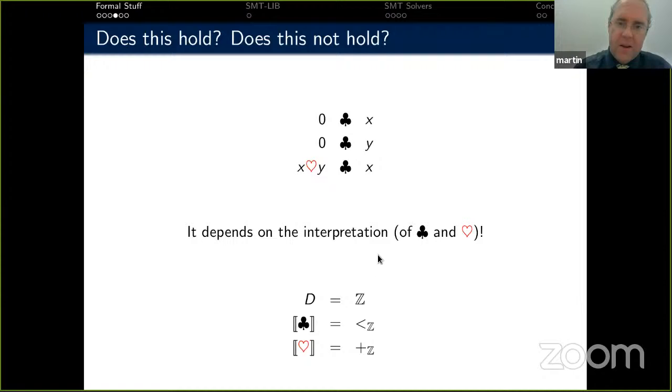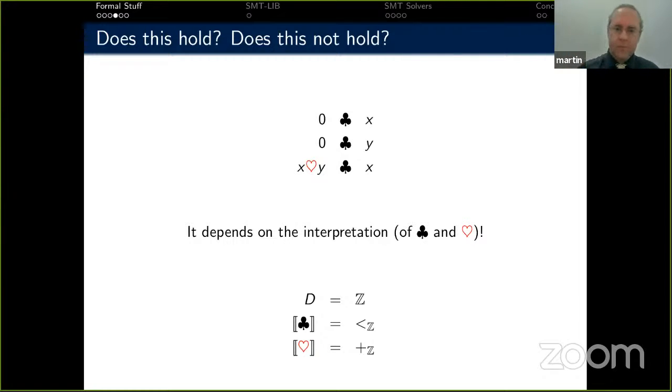So back to our question, does this hold? Well, it depends on the interpretation of the symbols. I'm using my club symbol and my heart symbol here, but I could just as well say the same thing about less than and plus. I'm just using these because otherwise people get these notions, which is exactly the trick I was playing on you earlier, that when I write a little cross symbol like that, that means plus, right?